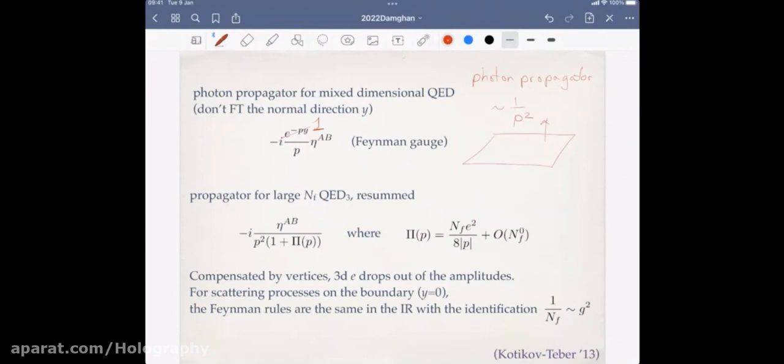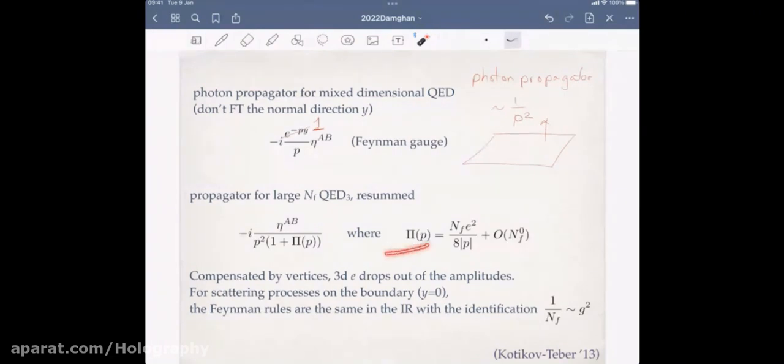Now let's compare that with what happens in 3-dimensional QED in the large flavor limit. So what you can do is you have that p squared I was just talking about, and then you want to resum the leading large N effect, which comes from this self-energy term, pi of p, which looks like this. So it has a factor of NF, a factor of e squared, and a factor of 1 over p in the denominator.